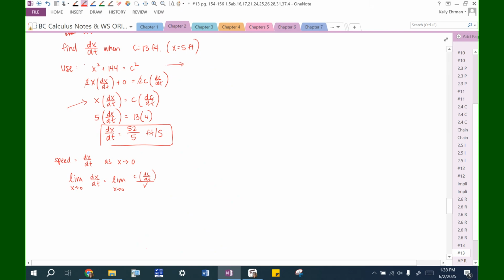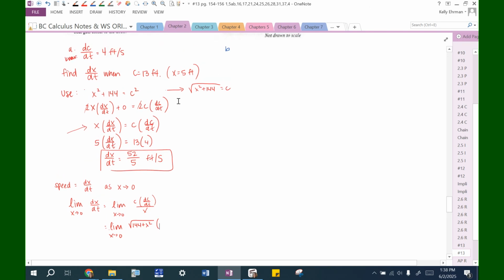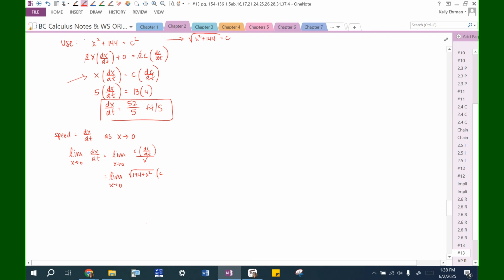X squared plus 144 equals c squared. So c is equal to the square root of x squared plus 144. So I'm going to put that in. The limit as x approaches 0 of the square root of 144 plus x squared times dc/dt. Remember, that was fixed. That was 4, divided by x.